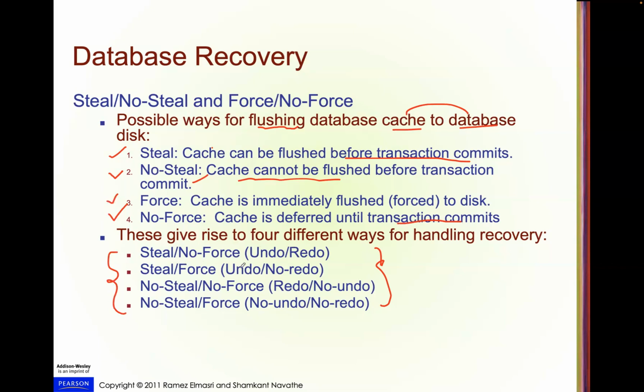Steal force is like undo and no redo, or no steal, no force, redo and no undo. No steal force means no undo and no redo. So there are different combinations in which the handling of recovery can be performed.